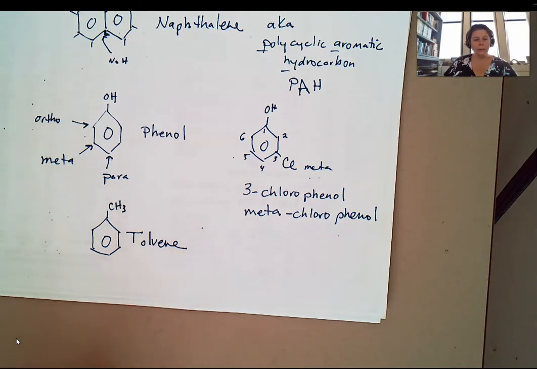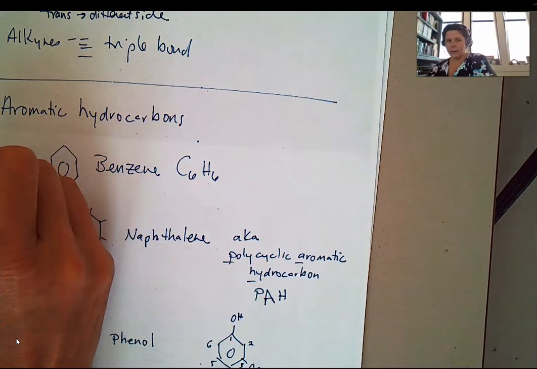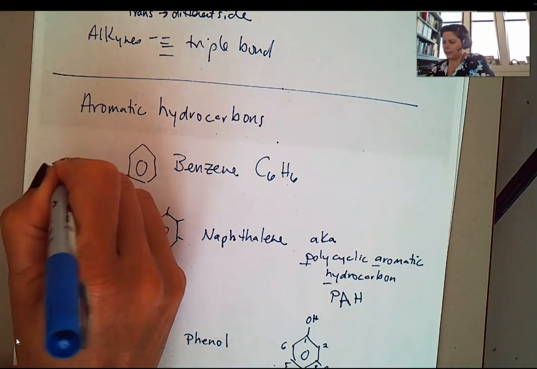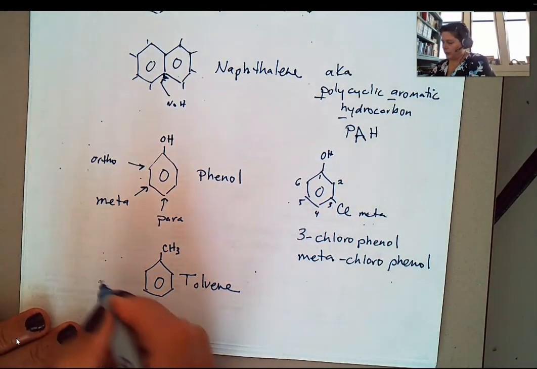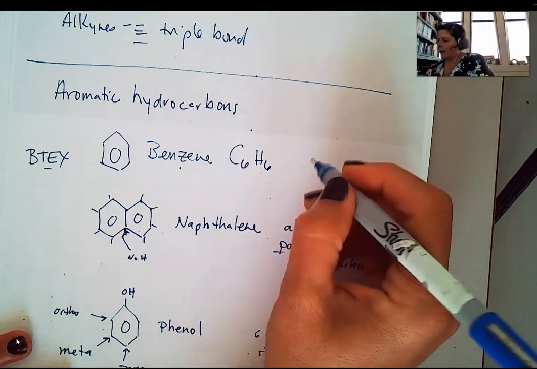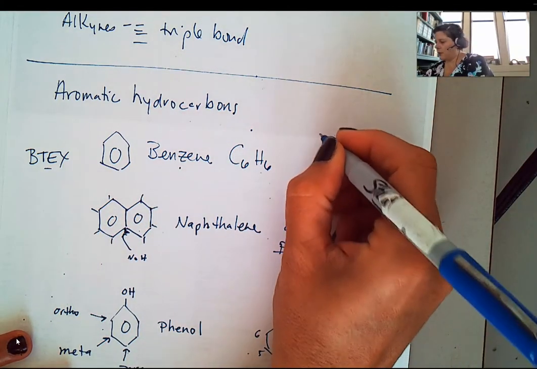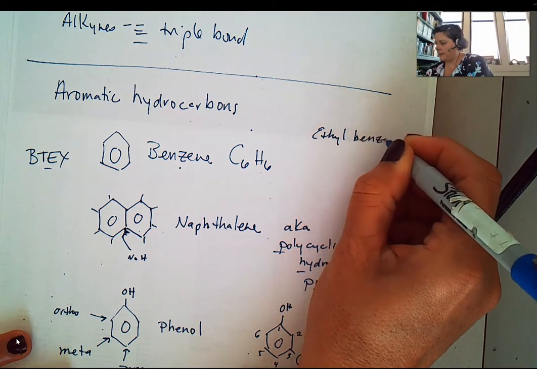So toluene, again, you remember we talked about BTEX. So this is our benzene. This is our T for toluene. Okay, so the E here stands for ethyl benzene.